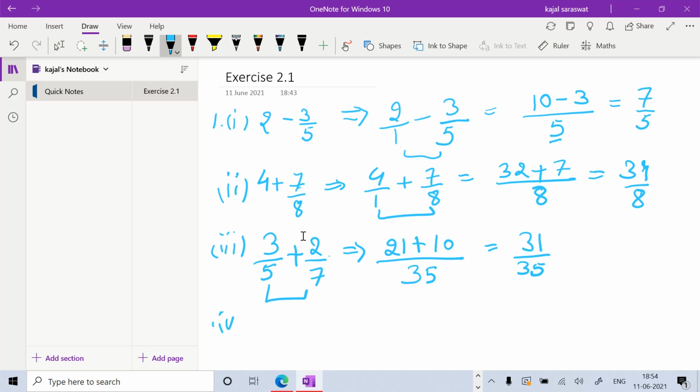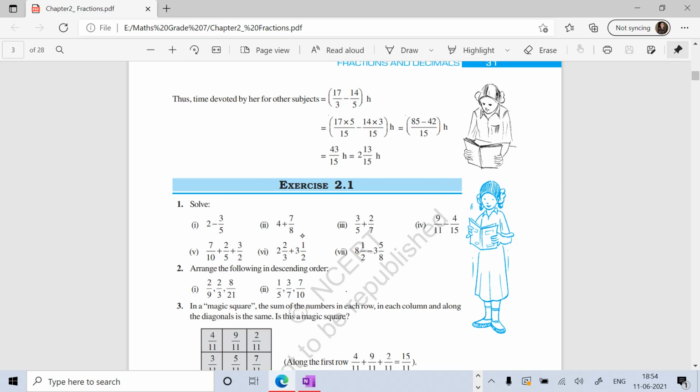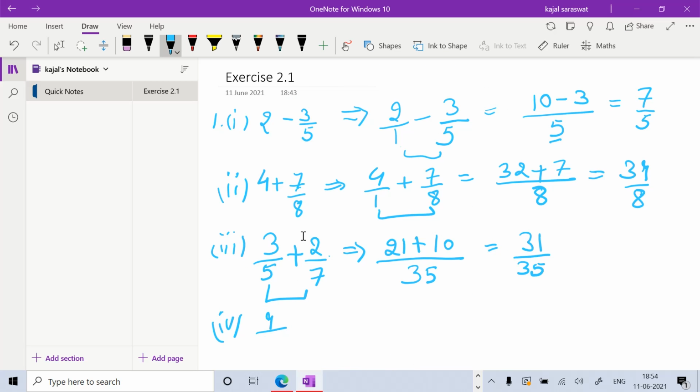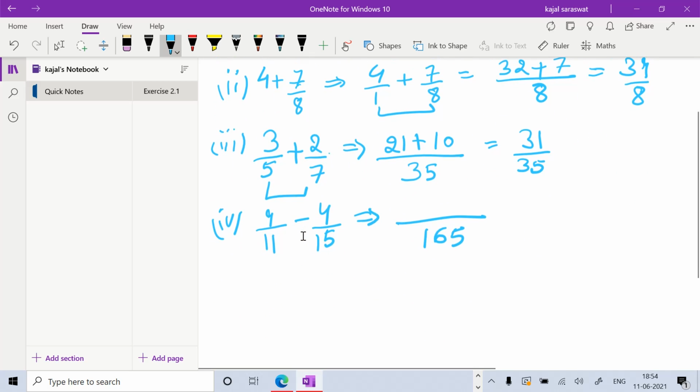Now the next question is 9 upon 11 minus 4 upon 15. Here we have to take the LCM of 11 and 15, which is 165. You can calculate it by multiplying, because there is no common factor in 11 and 15. So it will give you 165.